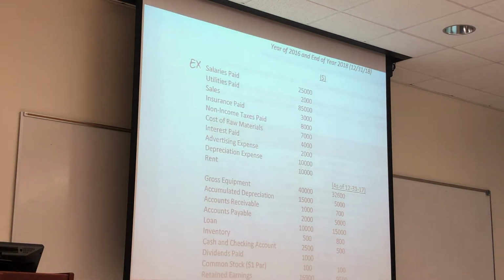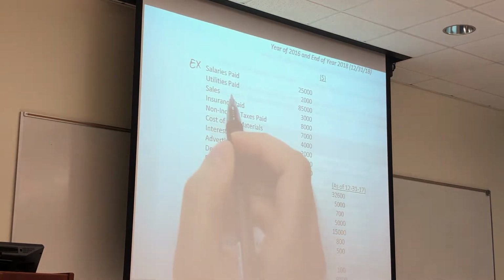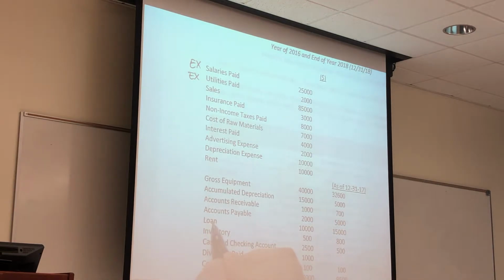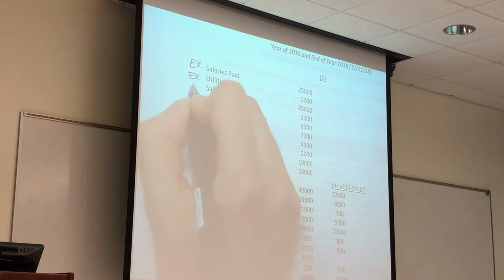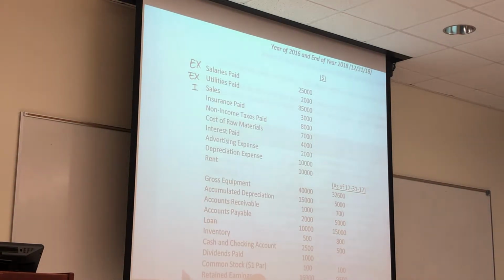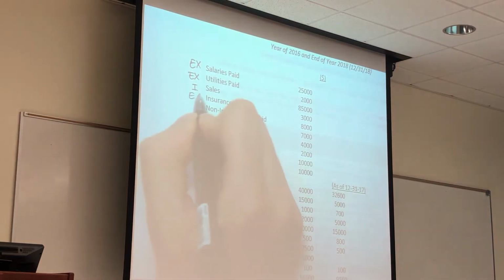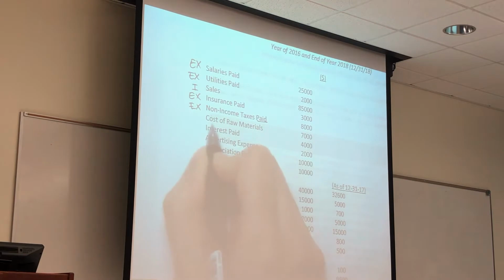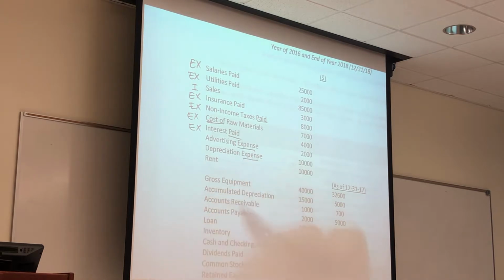Because we pay, it's obvious. Utilities paid, pretty obvious, I believe. Sales, income. Insurance paid, expense. Paid, expense. Cost, expense. Paid, expense. Just says it here.